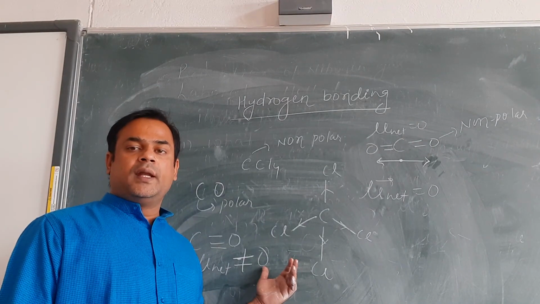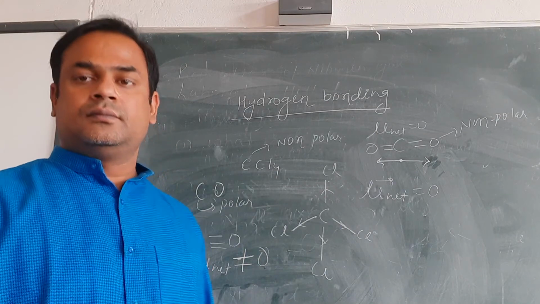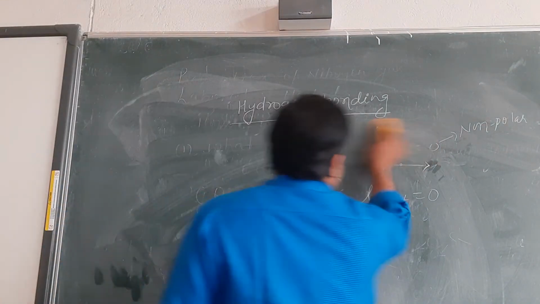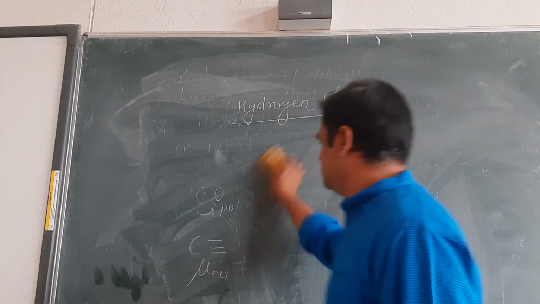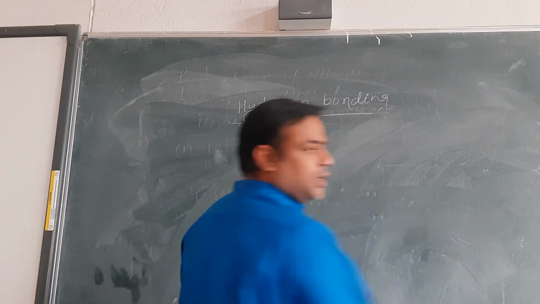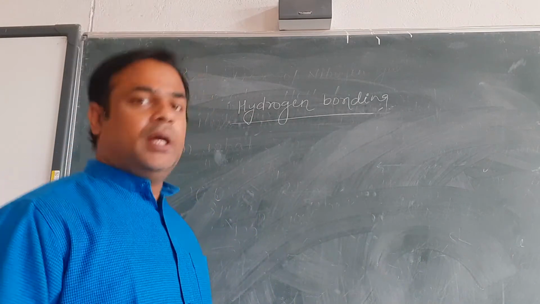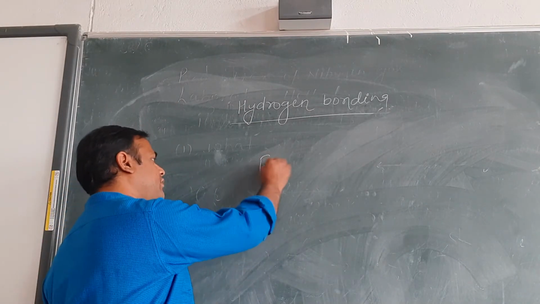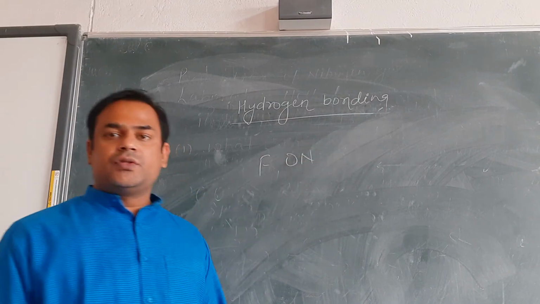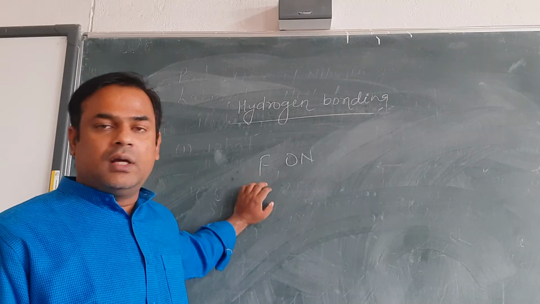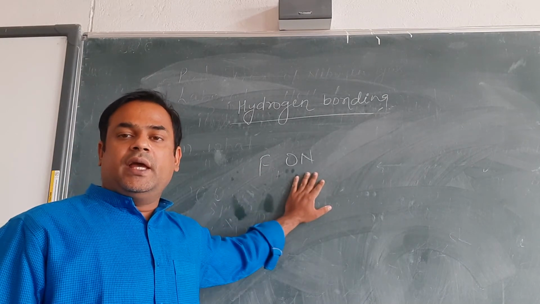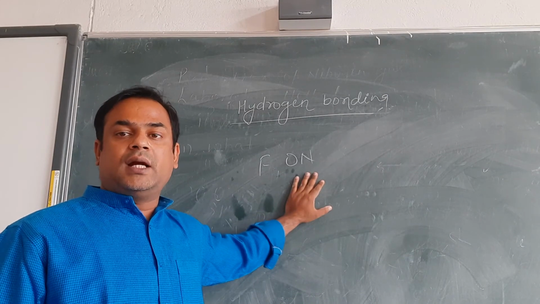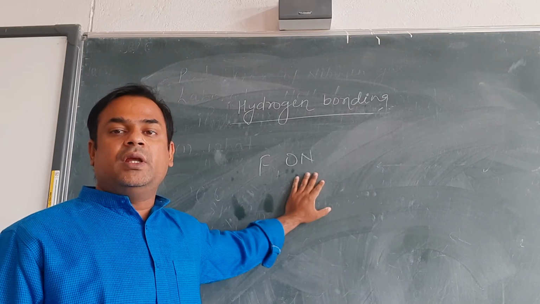Now we will study hydrogen bonding. In a polar molecule, if hydrogen is bonded with fluorine, oxygen or nitrogen, remember this word FON, the dipole moment will be very strong and the dipole-dipole interaction between the molecules will be very strong.